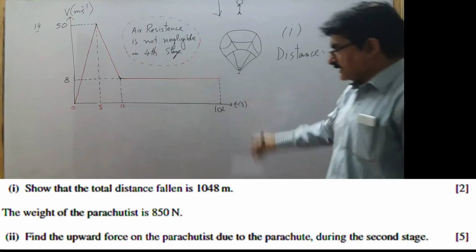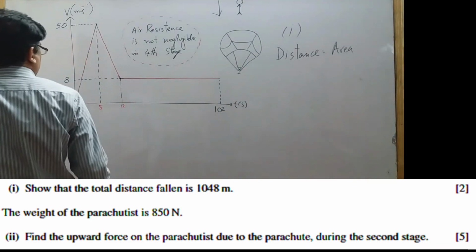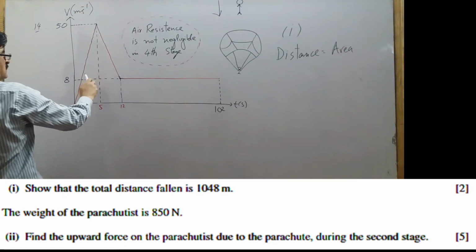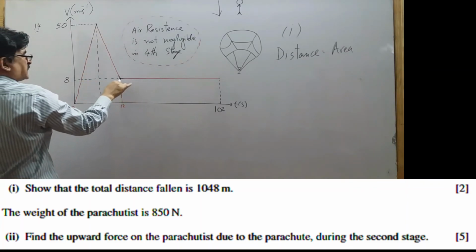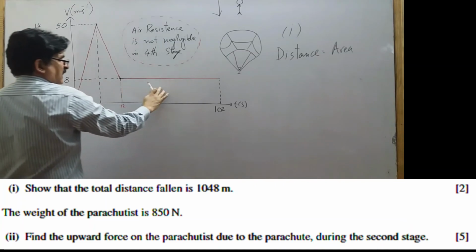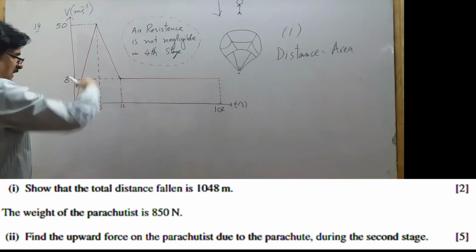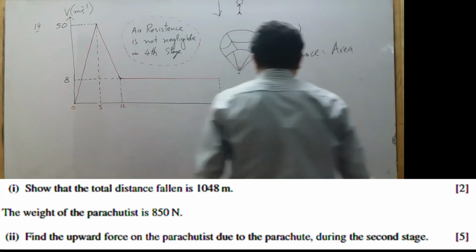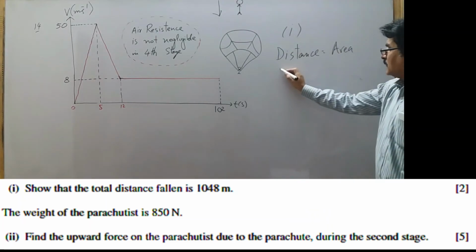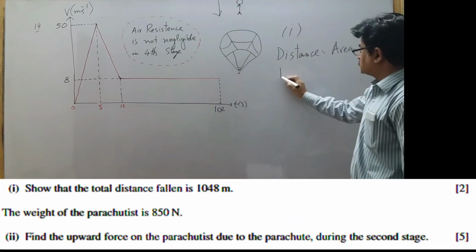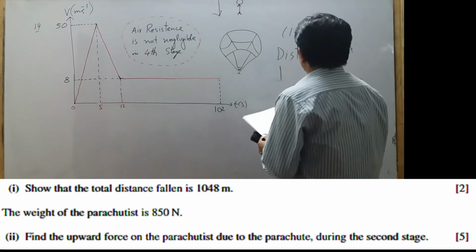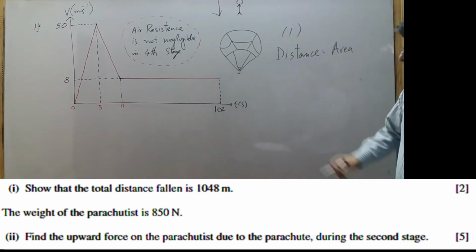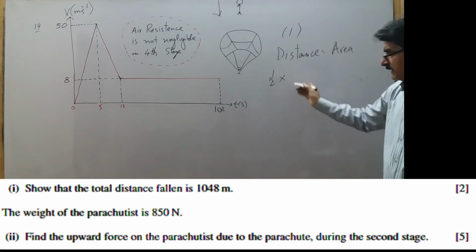Now you can split the graph. Firstly, this triangle, then this trapezium, and then this rectangle. So I divide this area into 3 parts. Firstly we have this triangle. Since we have had a lot of practice with this, I am directly writing the values.